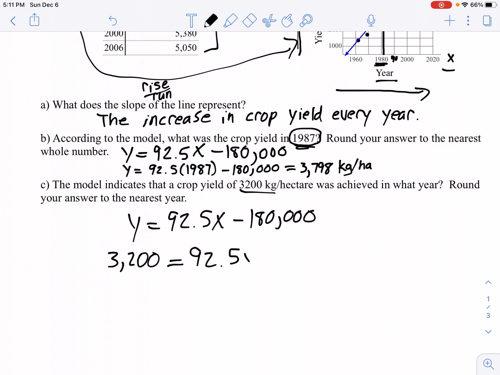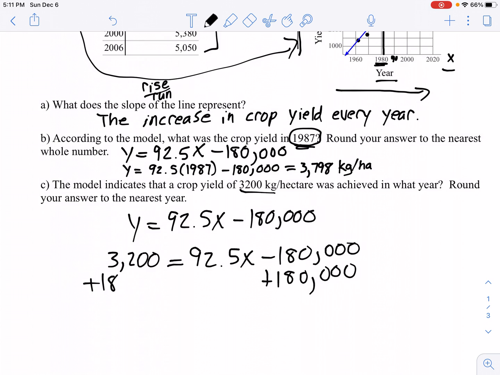And then solving for X here, it's a two-step equation. The opposite of subtracting 180,000 is adding it to both sides.